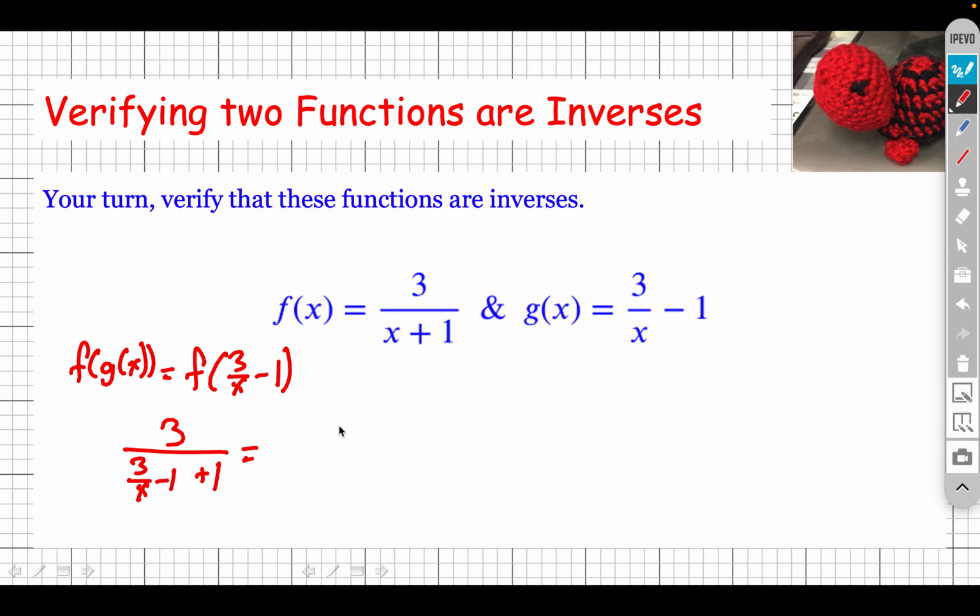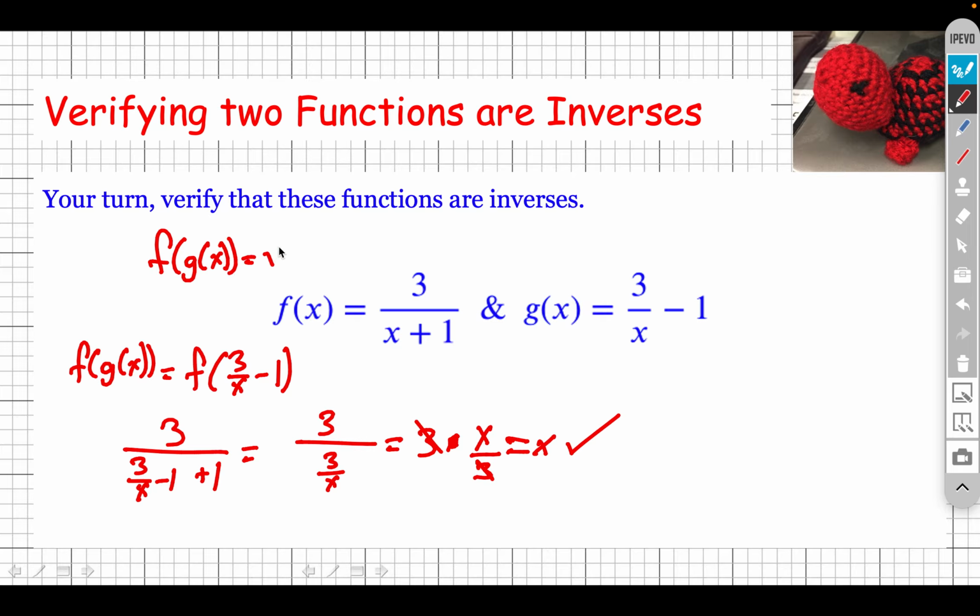Well, minus 1 plus 1 is going to give us 3 over x. And then, again, to divide by a fraction, we multiply by the reciprocal. So that's the same as 3 times x over 3. And 3 over 3 cancels, and we get x. So that checks. F of g of x equals x.